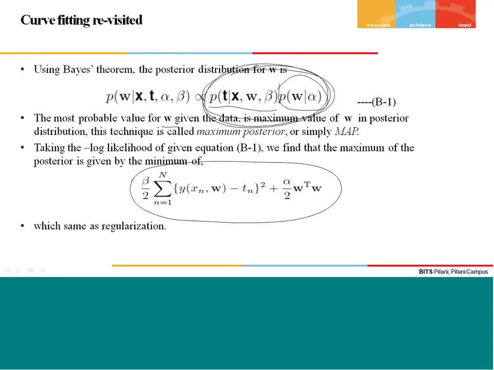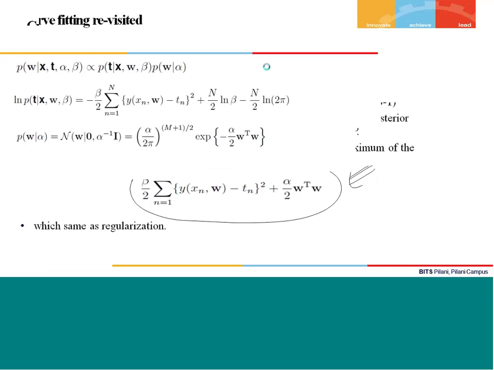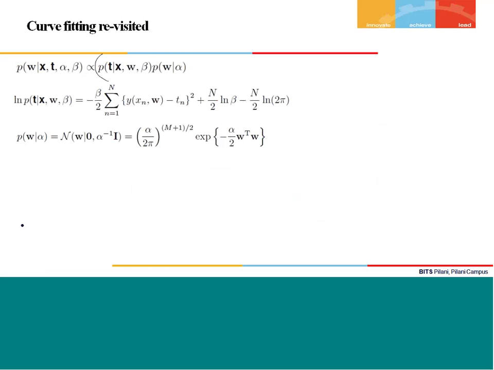How? Just leave this statement for a while. What I'm saying is, I have to maximize this expression. I want to find out what is the value of W that will maximize it.